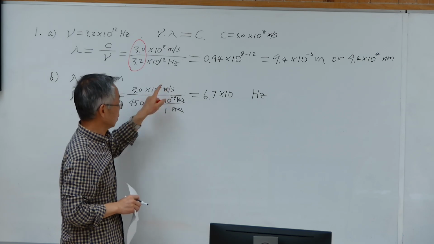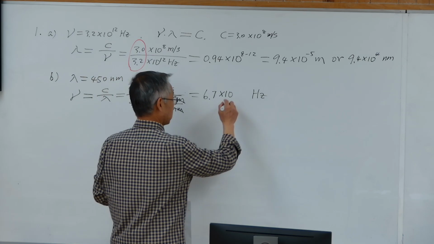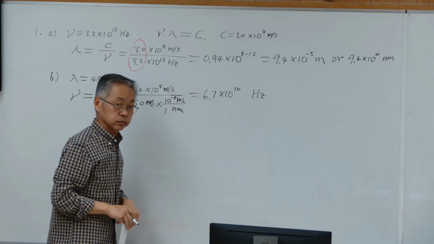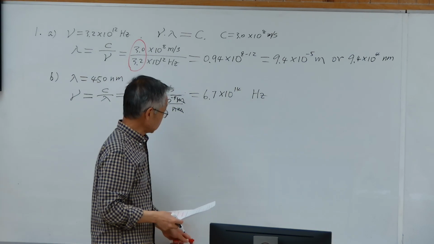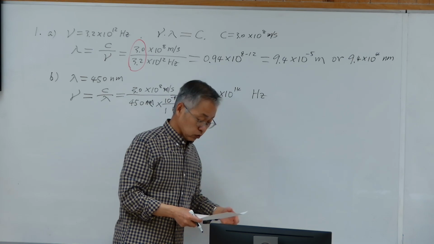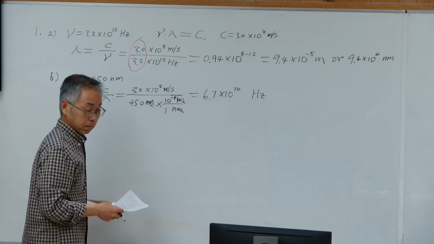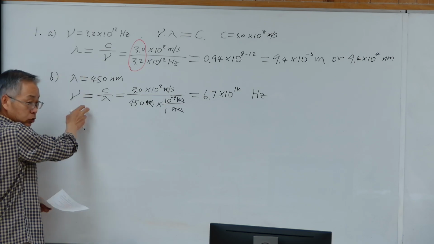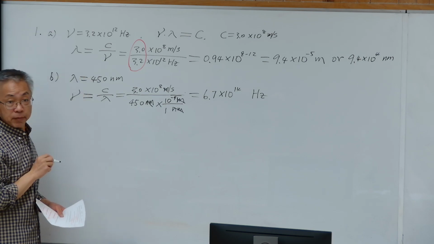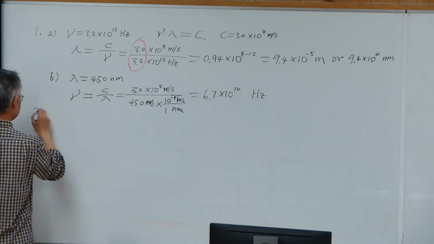So 8 plus 6 is 10 to the 14th power. This is your answer for the frequency. So these two are very similar: if you know one, you should know the other. So question 2.